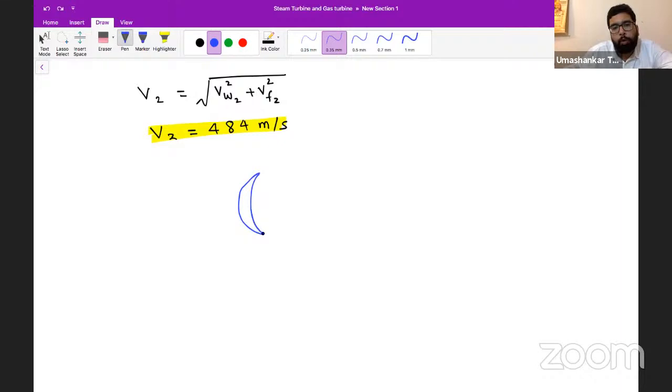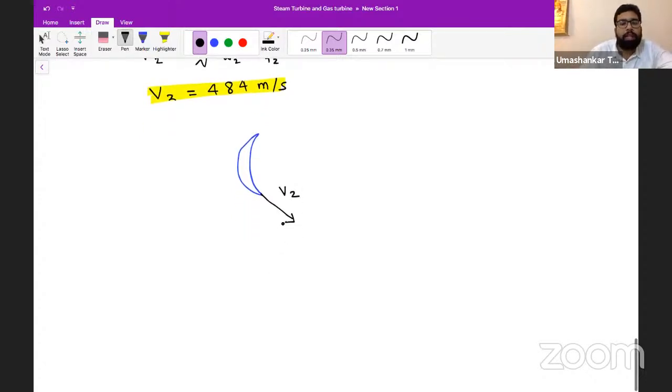From this first moving blade, our steam is leaving with the velocity of v2, and it is going to enter the first row of the fixed blade.